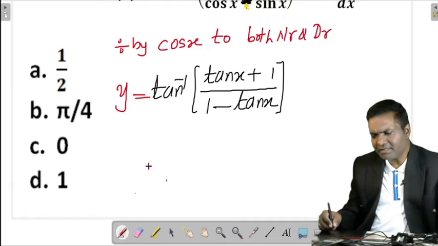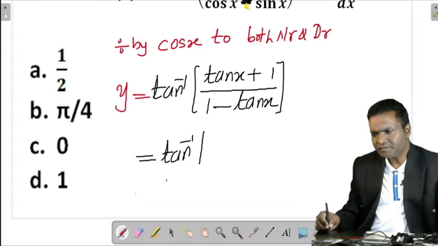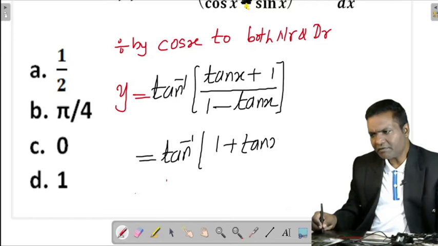And this can be written, for your understanding I am writing in detail, as tan inverse of (1 plus tan x) by (1 minus tan x).